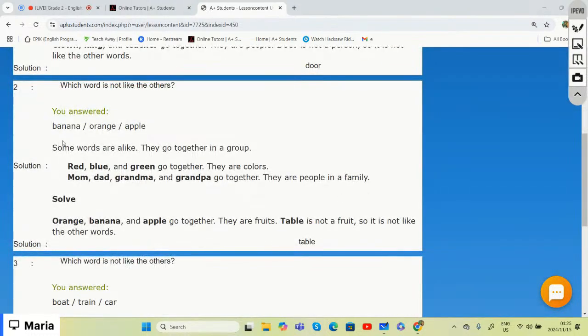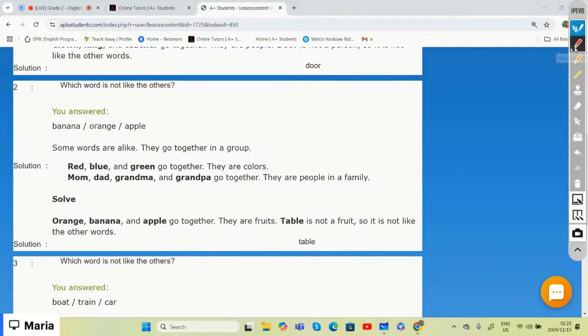We have banana, orange, and apple. If we look at banana, orange, and apple, are they related? And if they are related, then what group are they?